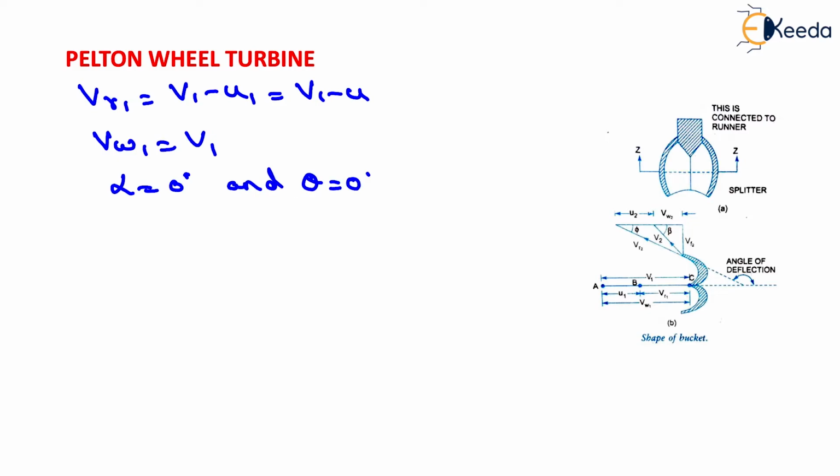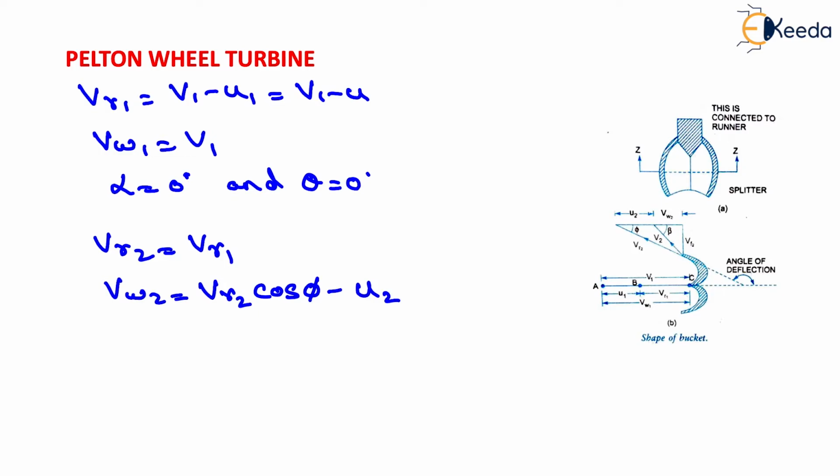So from the velocity triangle at outlet we have VR2 equal to VR1 and VW2 equal to VR2 cos phi minus U2.